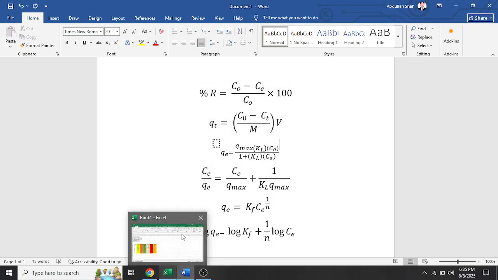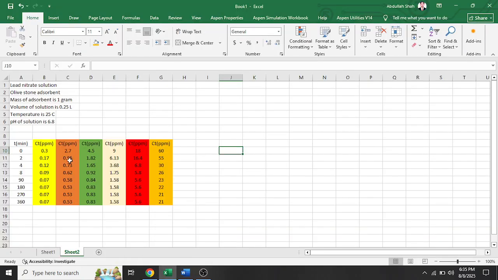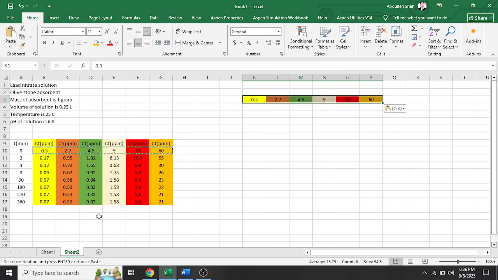So here C naught is the initial concentration for the 6 experiments, and this is the CE, the equilibrium concentration.